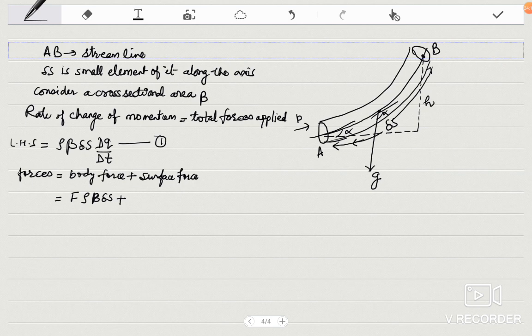Now what is the surface force here? The surface force is pressure force. Here it is P, and at this cross section it will be P plus delta P by delta S times ds. So we have P times the area on this cross section and P plus delta P by delta S ds times the area.